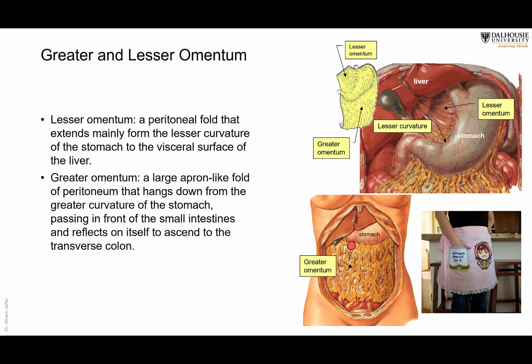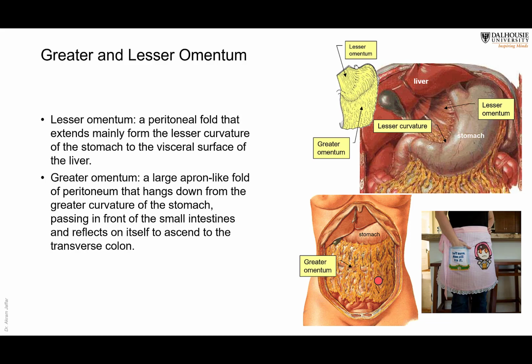And this greater omentum hangs down from the greater curvature in front of the small intestine, and then a double fold returns back to the transverse colon. So it's like an apron, and when the abdominal cavity is opened, the immediate thing that you see in front of you is the greater omentum. It contains blood vessels, lymphatics, and a lot of fat.